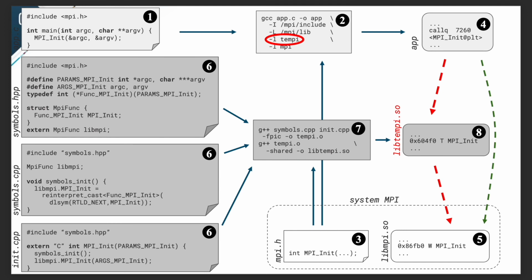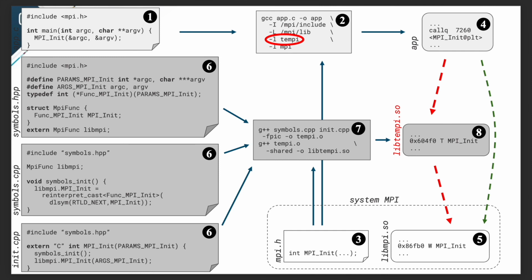So what we do in TEMPI is basically we compile an alternative MPI library that exposes some subset of the MPI implementation, and we somehow insert our library before the system MPI library in the compilation order. So you can either relink your unmodified application, or you can use something like the LD preload mechanism to inject TEMPI first in the link order.